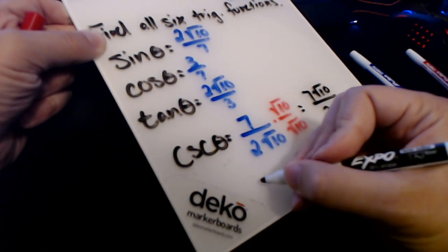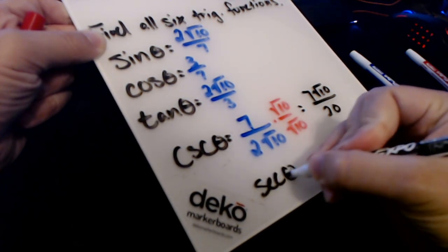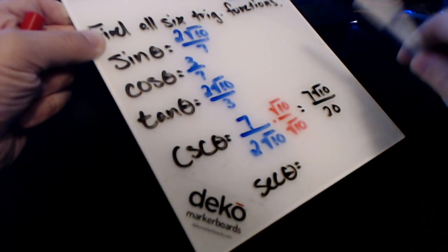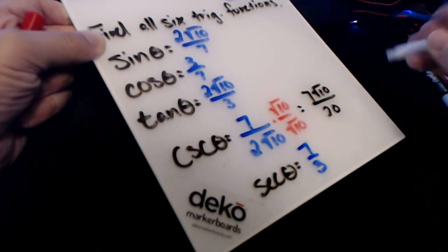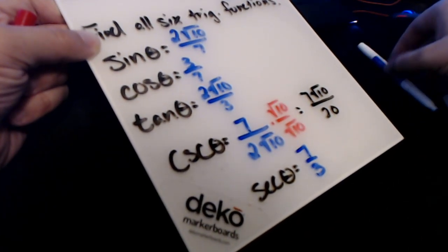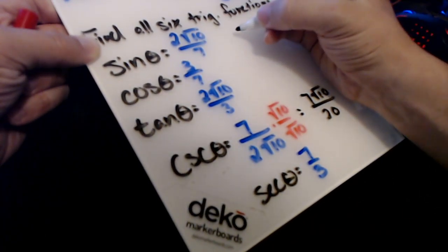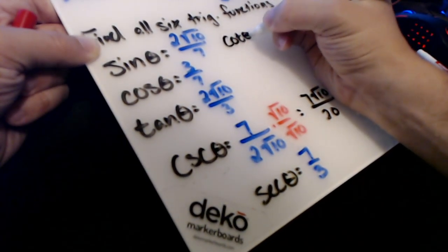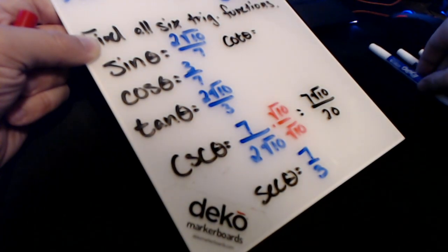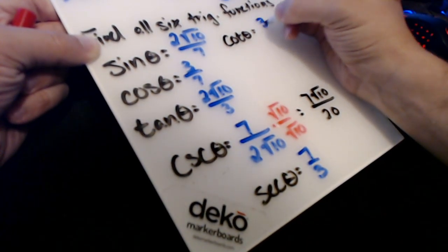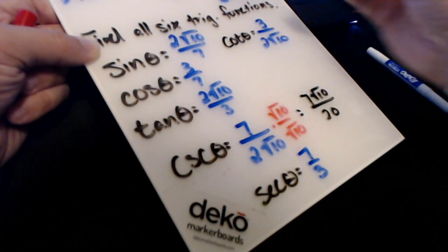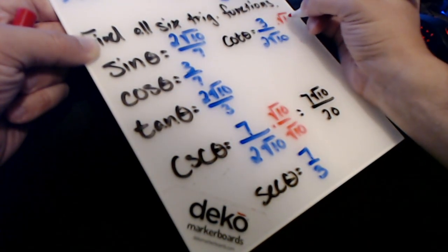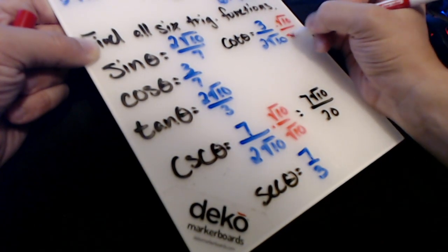If you come over here and do secant theta equals, again, this time it's nice because you're just going to get 7 over 3. Done. And then you come back and say, now I need to find cotangent theta. And when that happens, I get 3 over 2 square root of 10. I still have to follow that same principle of multiplying by square root of 10 over square root of 10.